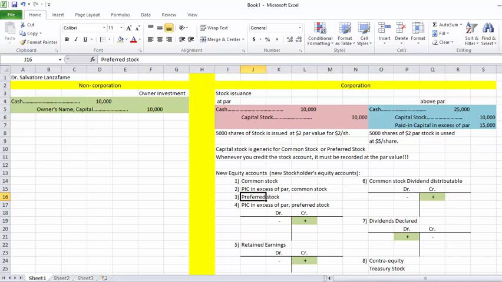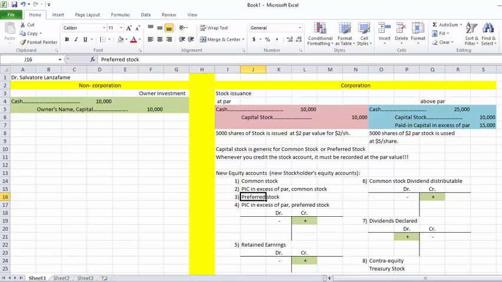So most companies that are corporations do not even have preferred stock. 3 out of 4 companies don't have preferred stock. But if they do, something that we'll talk about in the next video or so, preferred stock gets first crack at dividends. And then whatever's left goes to common. So just throwing something out that we'll see down the road.